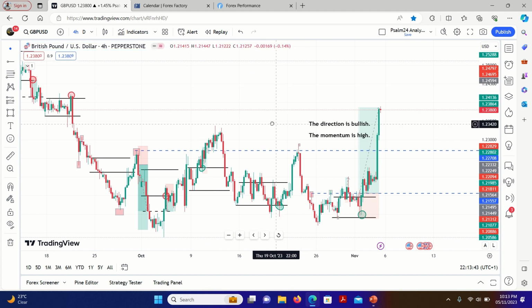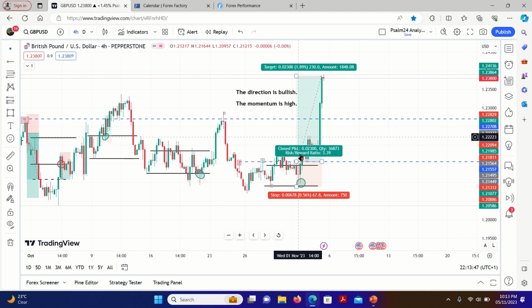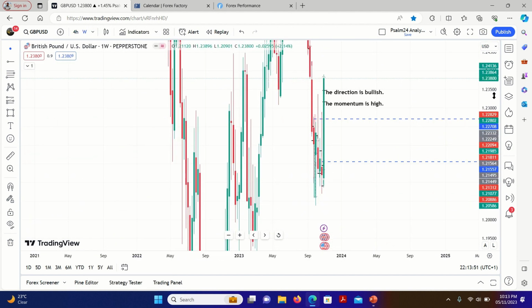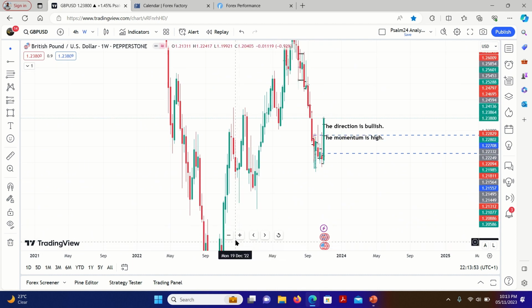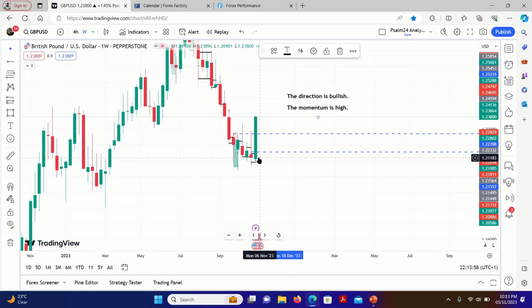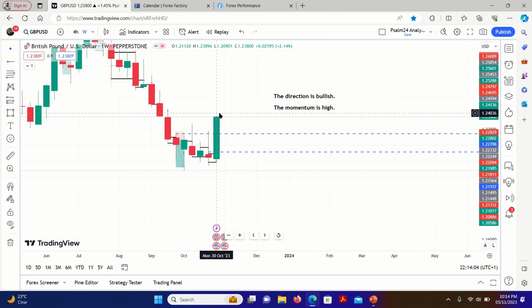All right, so what we are seeing is that the direction is bullish. We can see when you go to the weekly time frame, first of all, we are able to see momentum. The direction is to the upside, right? You can see this candle. It's a strong bullish candle. That is number one.